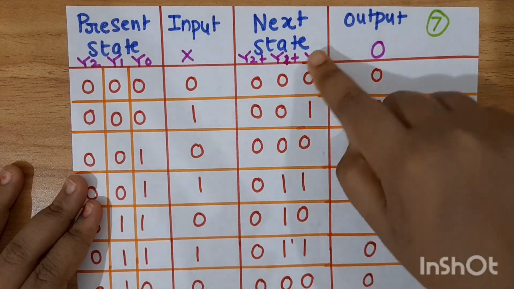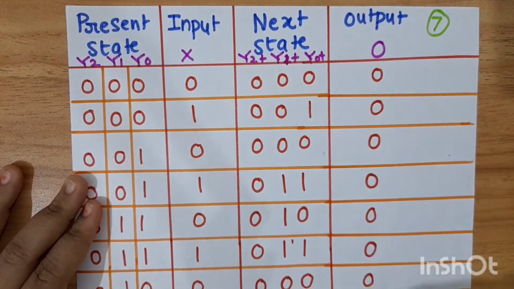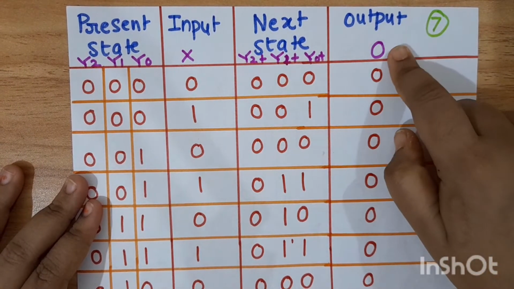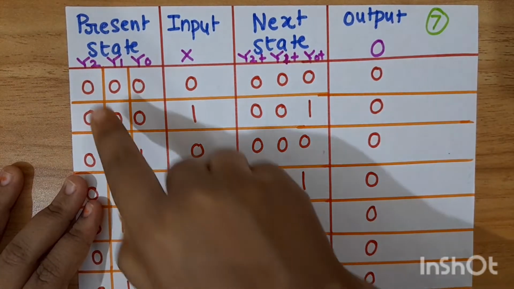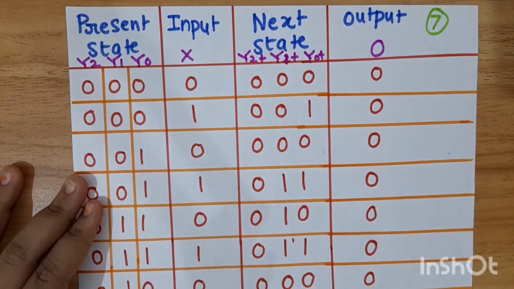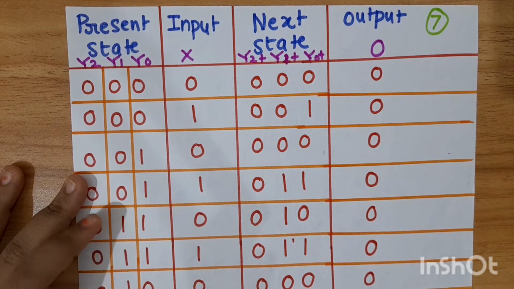Another column is next state, where at t plus 1 time, what would be the value of state? That is next state, of 3 bits. And output, another column. If you see, the inputs are y2, y1, y0 and x. Present state and input make the input to the sequential circuit.